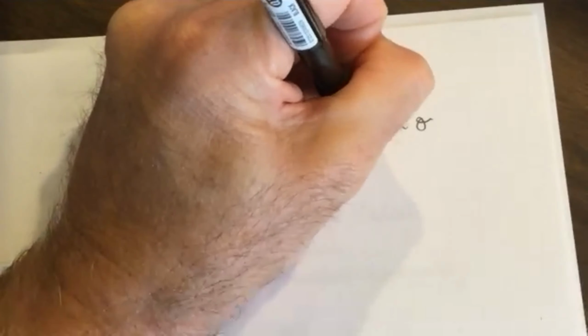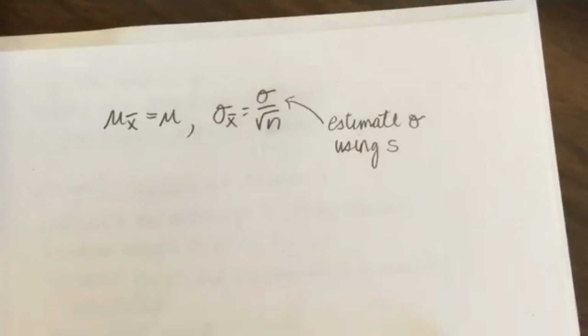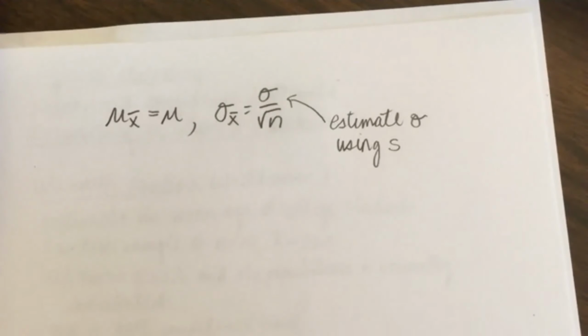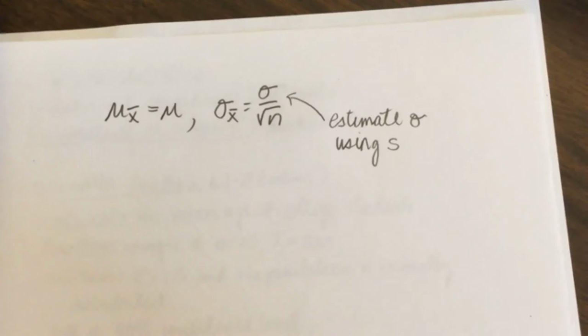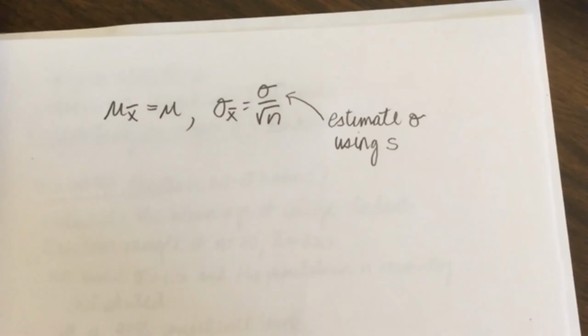Estimate sigma using, what do you think we're going to use to estimate it? We're going to estimate it using the standard deviation of our sample. Since we don't know how spread out the population is, we're going to take a look at the sample that we collected, and we're going to estimate the mean using the mean of our sample, and we're going to estimate the spread of the population using the spread of our sample.